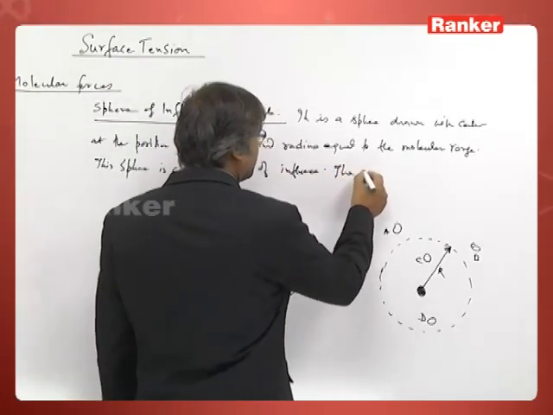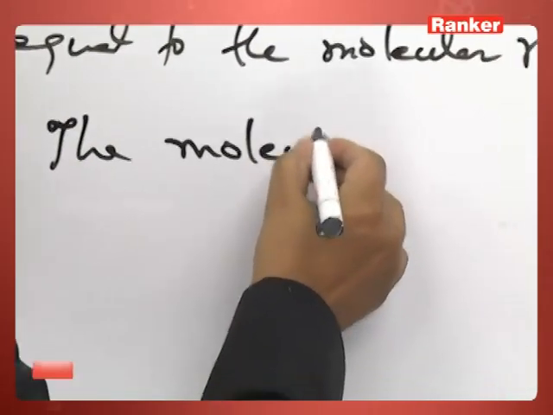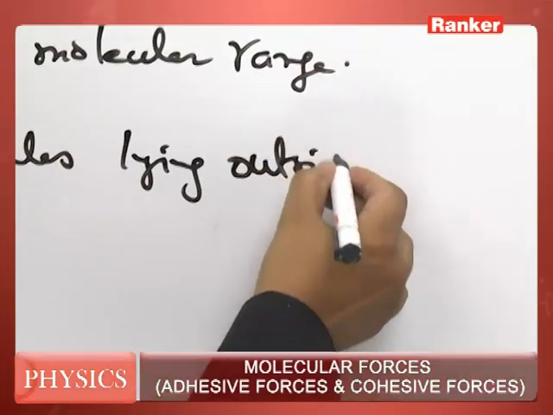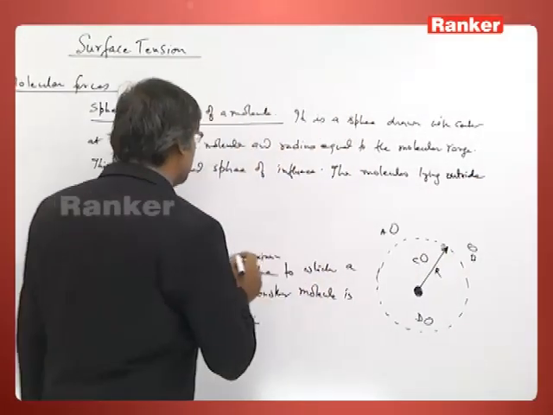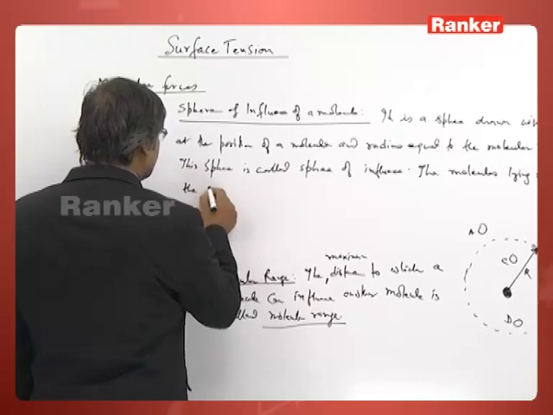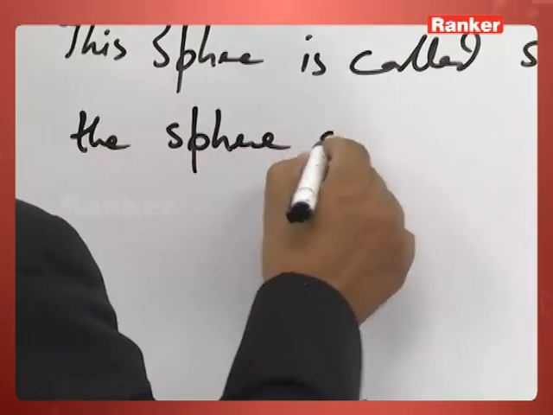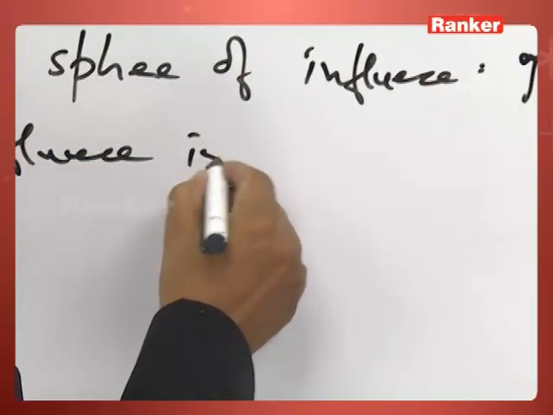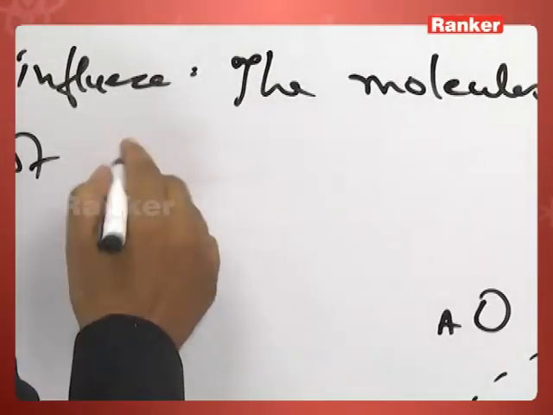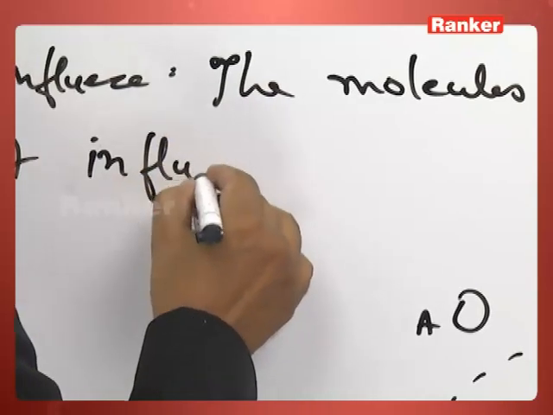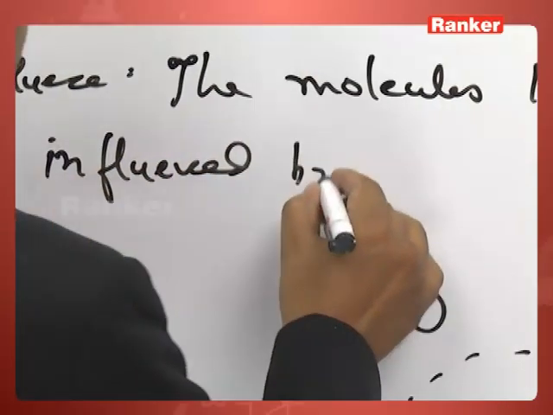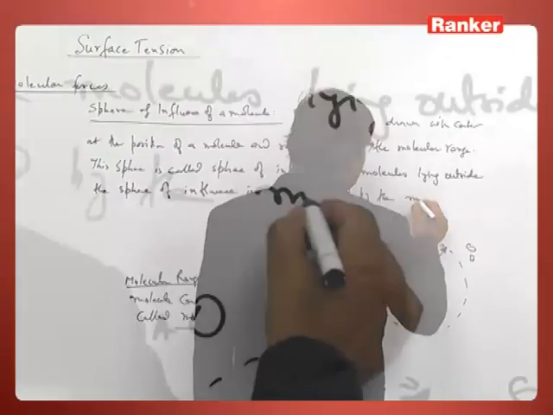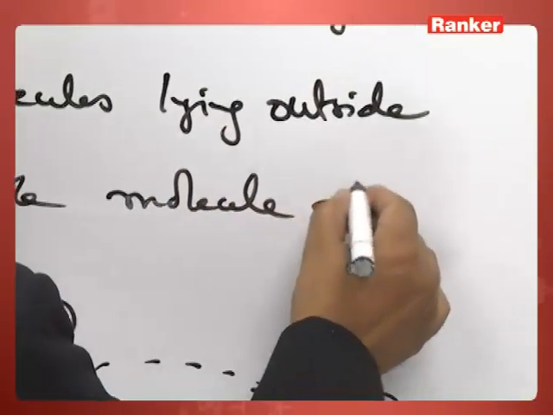The molecules lying outside the sphere of influence are not influenced by the molecule at the center.